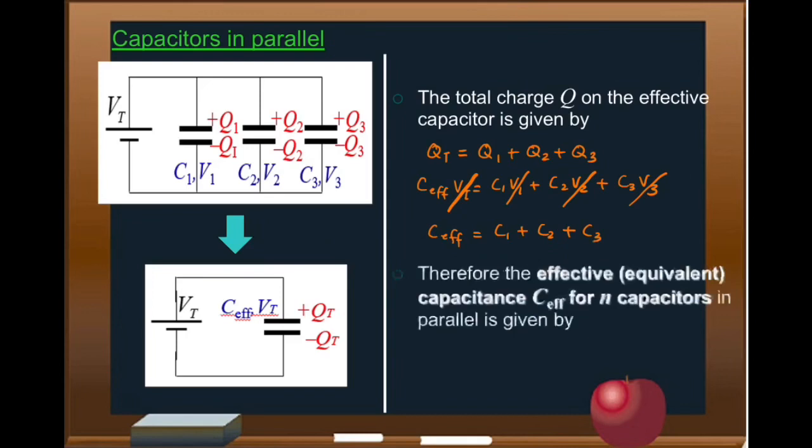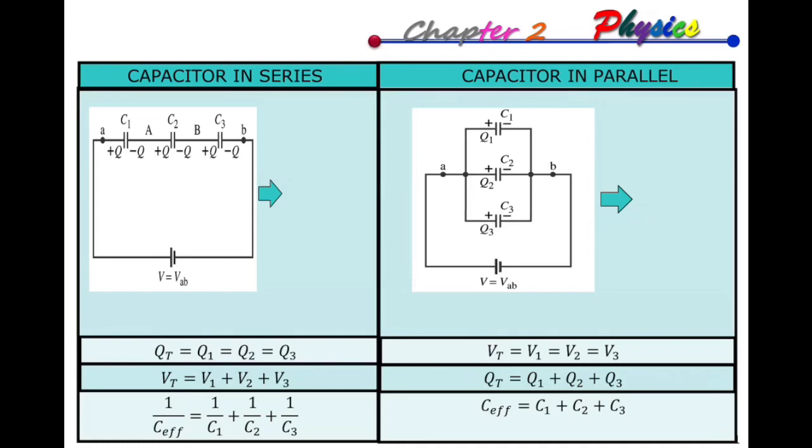Therefore, the effective capacitance Cf for n capacitors in parallel is given by Cf is equal to C1 plus C2 plus C3 plus Cn. So now we are going to look at the comparison between capacitors which are connected in series and in parallel. So let's look at capacitors in series first.